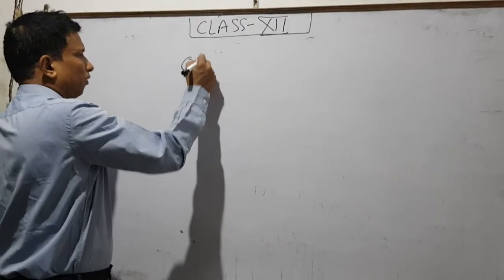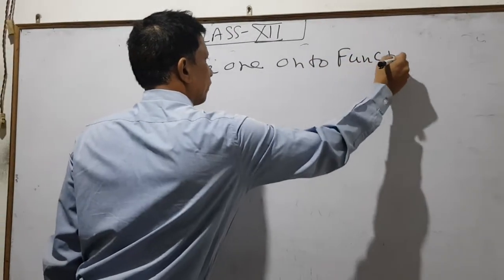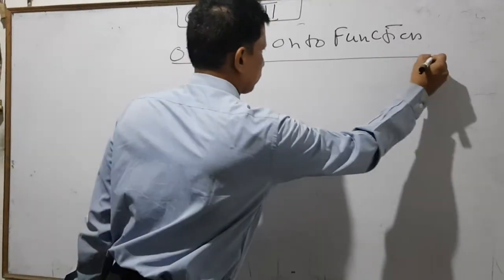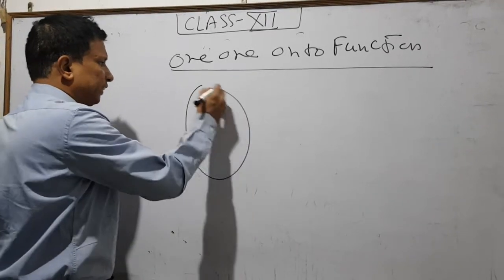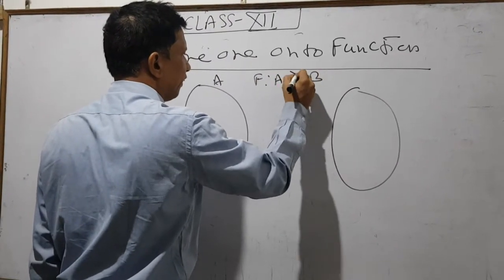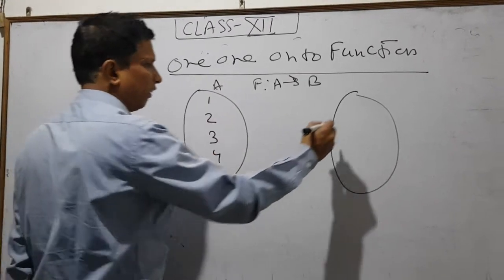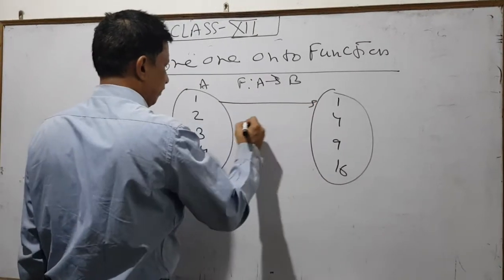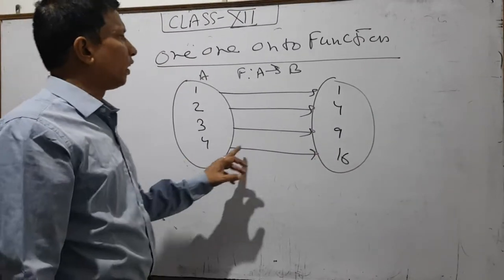Next, one-one and onto function. This is A and this one is B. Function f is defined from A to B and the elements 1, 2, 3, 4 are the elements of A. 1, 4, 9, 16 are the elements of B. This is known as one-one and onto function.